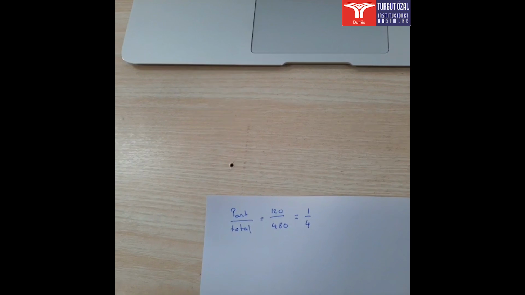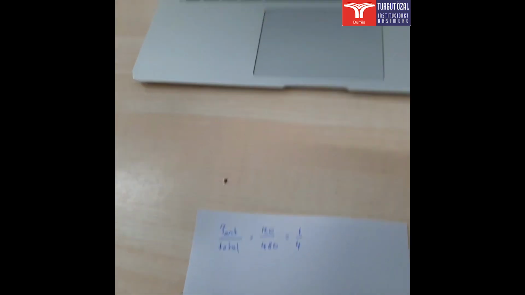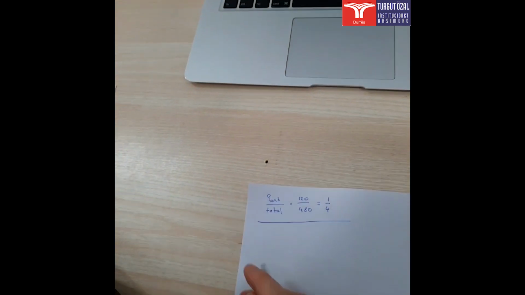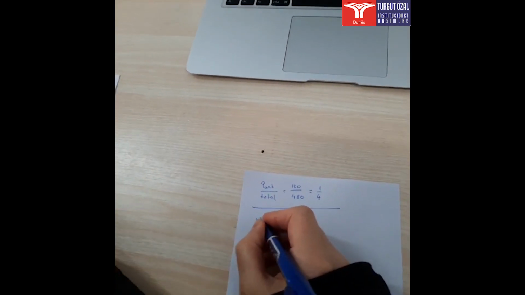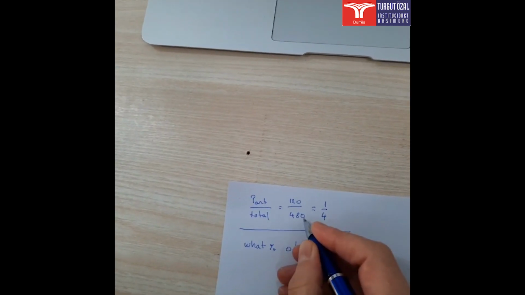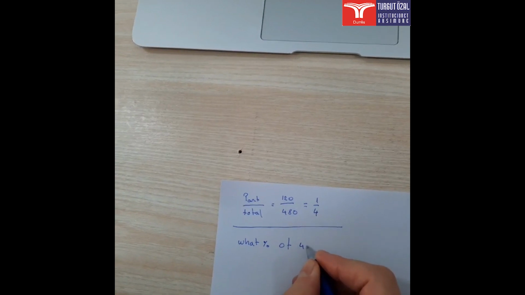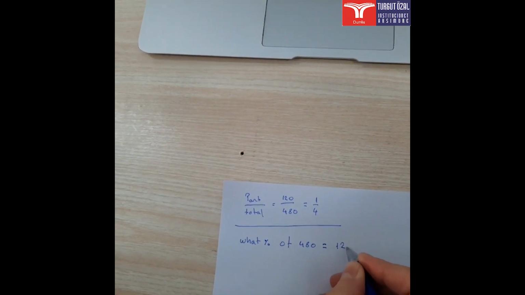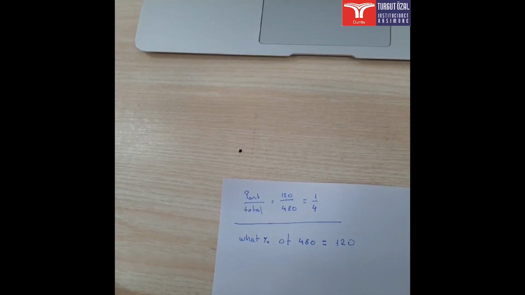Now, we have to show the first amount as the percentage of the second one. What does it mean? Again, I will ask the question: what percentage of the total, in this case 480, is the same as 120?